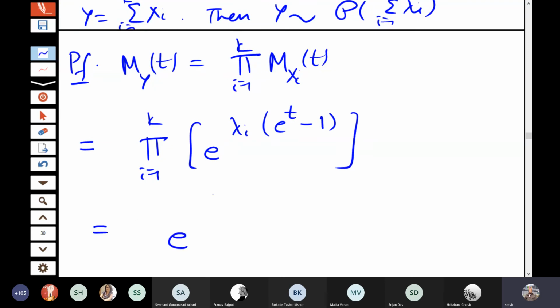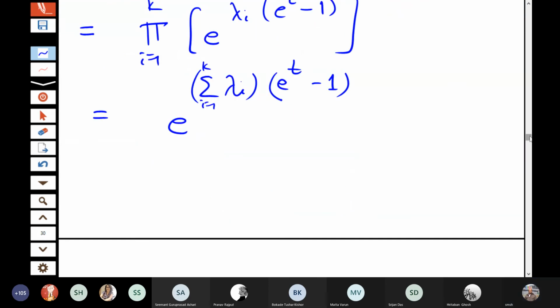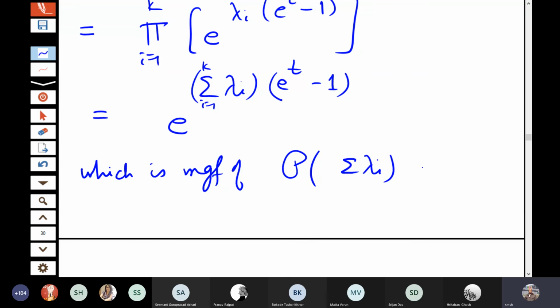So it becomes e to the power sigma lambda i (e to the power t minus 1), which is the MGF of a Poisson(sigma lambda i) distribution.